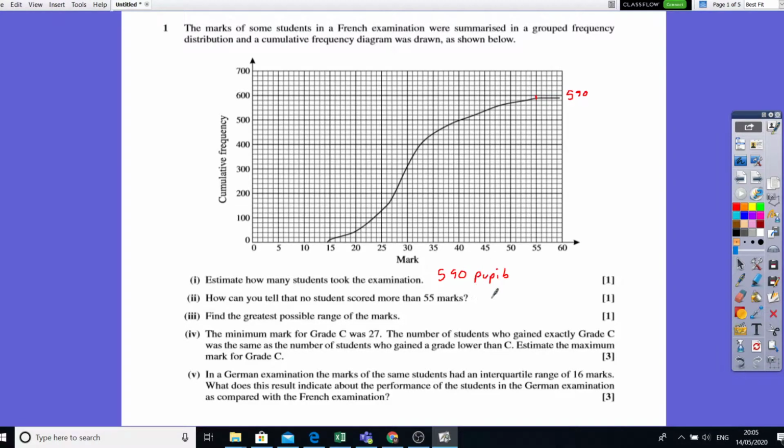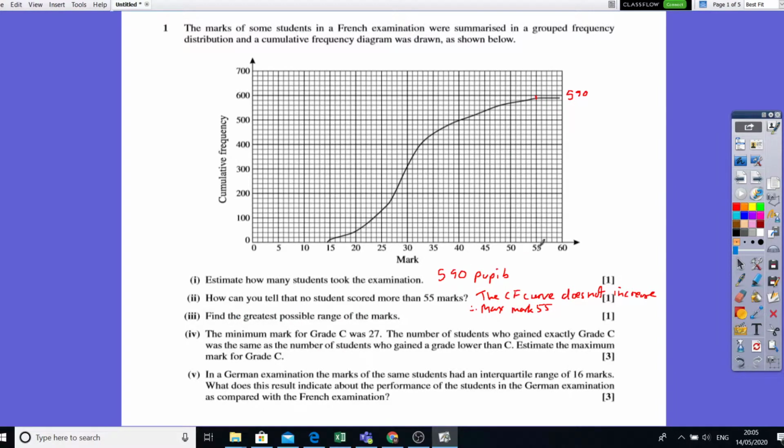So the cumulative frequency curve does not increase, in which case the maximum score there, the highest mark, therefore max mark is 55. And then it goes here, find the greatest possible range of marks.